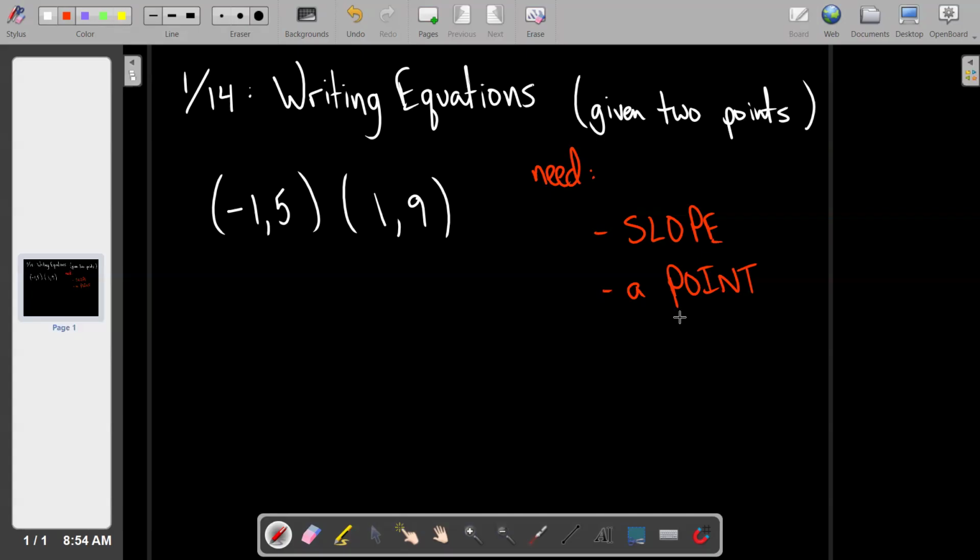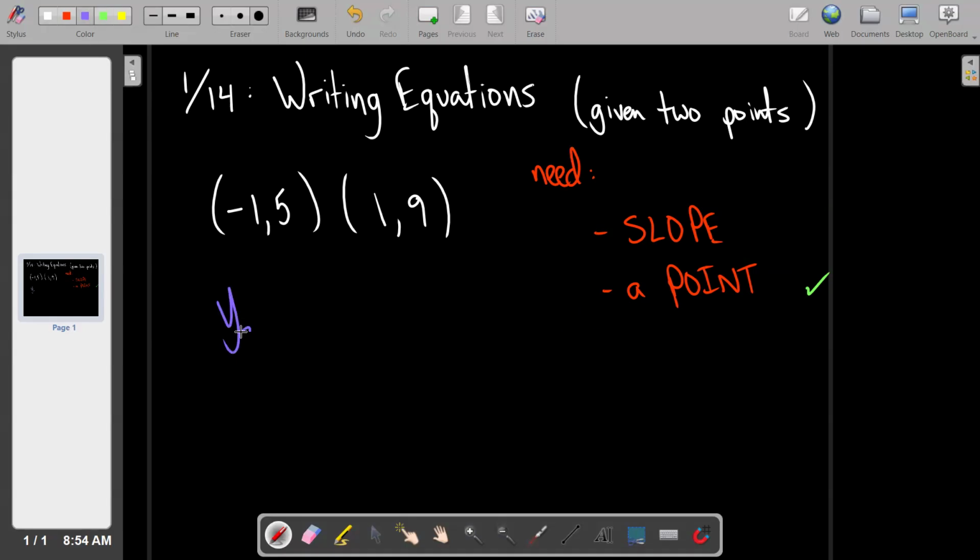So what's the one of those that we don't have? Yeah, I can put a checkbox next to point because I got points. But what I don't have is the slope. I can't check that off my to-do list yet. But thank goodness we've done this a million times. How do you find the slope when I give you 2 points?